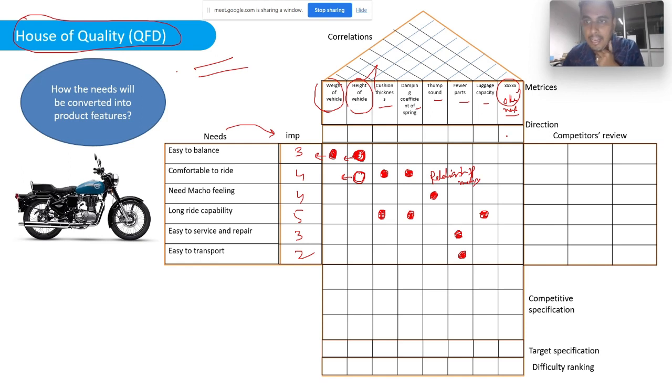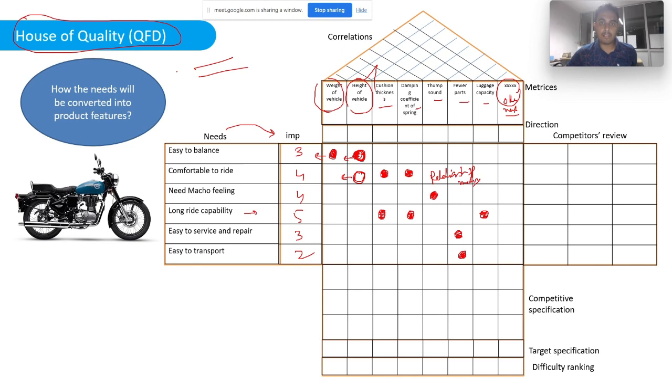Yes, I'll go slowly. Now see, once you have this, you now try to map both ways. Long ride capability is addressed by what all specifications?